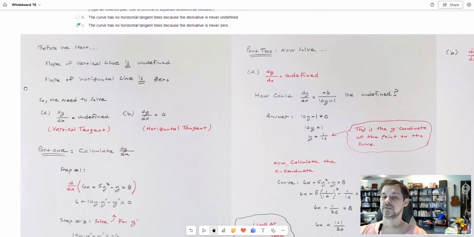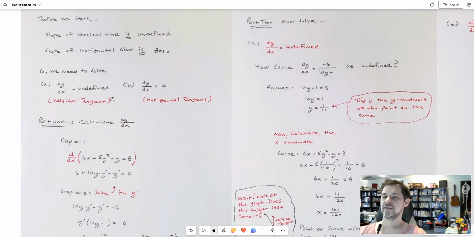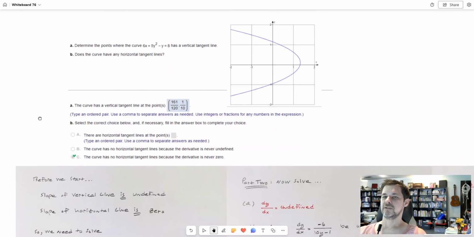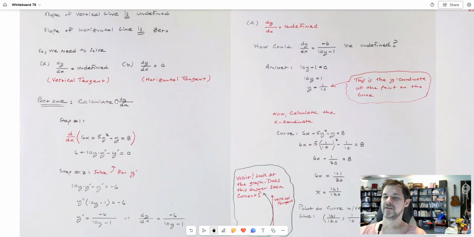As far as where the tangent line is going to be undefined, or vertical, or 0, or horizontal, it would be a matter of solving for dy over dx being undefined or 0. Since that's what I need to do for each part of this question, part A and part B, let's start by finding the derivative.